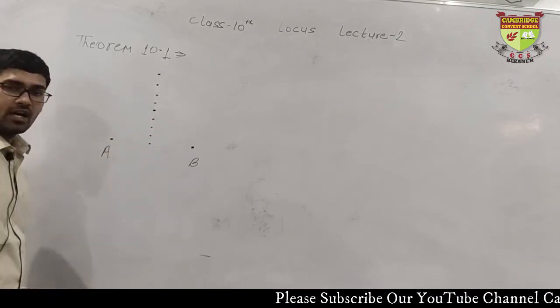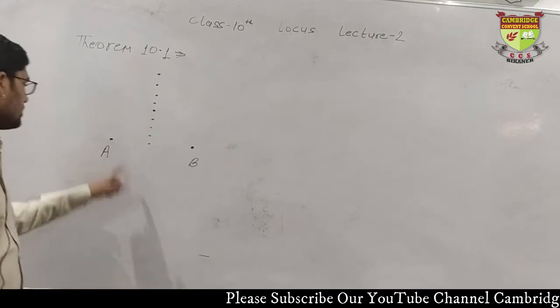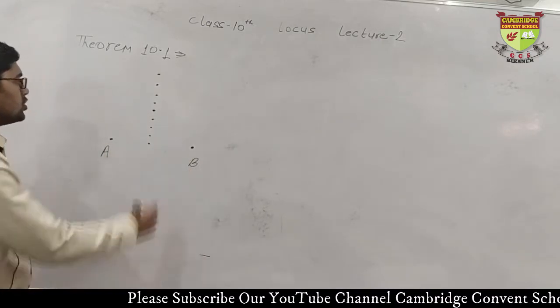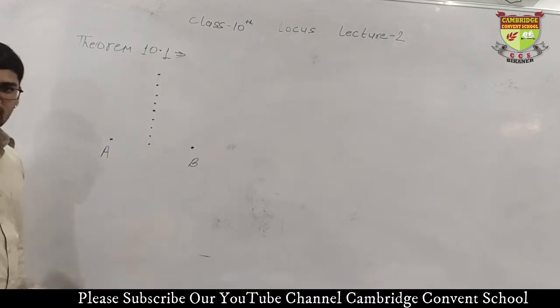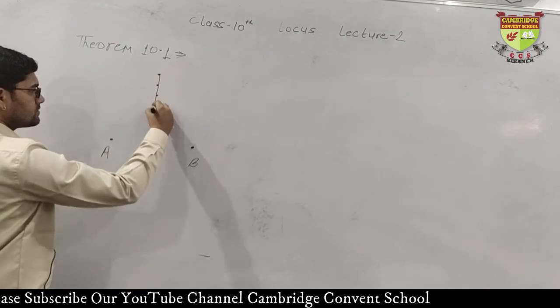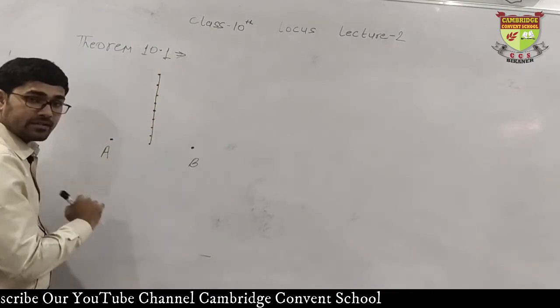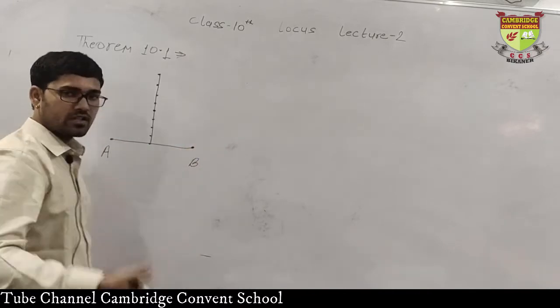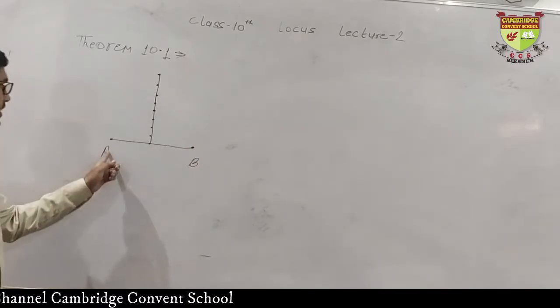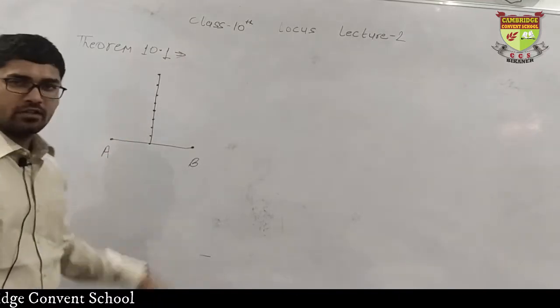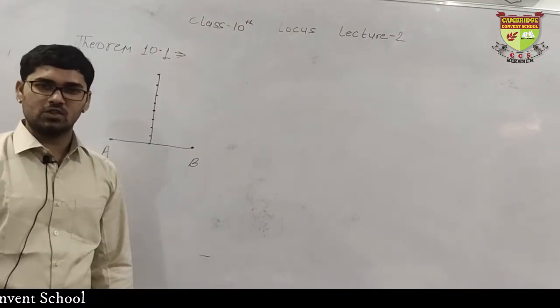All these points are at equal distance from the points A and B respectively. If I join all these points, we have a line. I am joining A and B as well, because this is what the theorem says. Similarly, all the points forming the locus are joined.